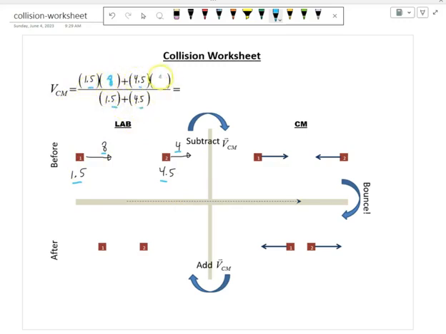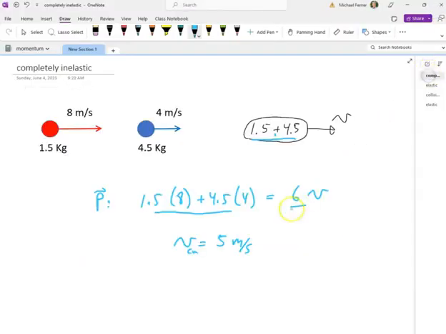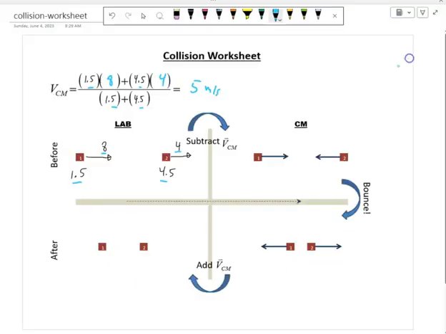And we're averaging 8 and 4, and we combine these all together, we get 5 meters per second. Not surprisingly, we get the velocity that we found in the completely inelastic case. Now, the beauty of the worksheet is that we want to look at what happens in the center of mass frame of reference.